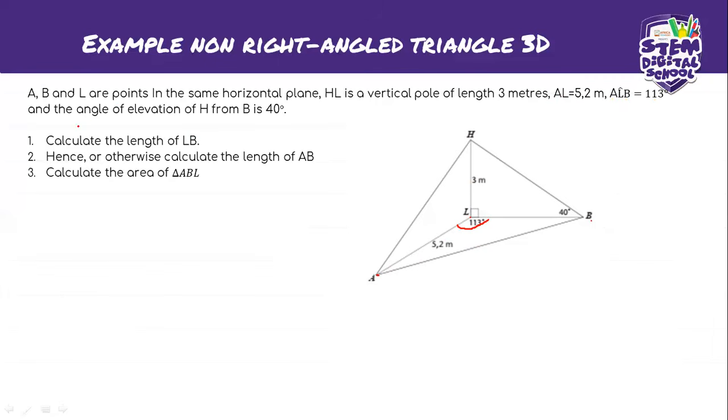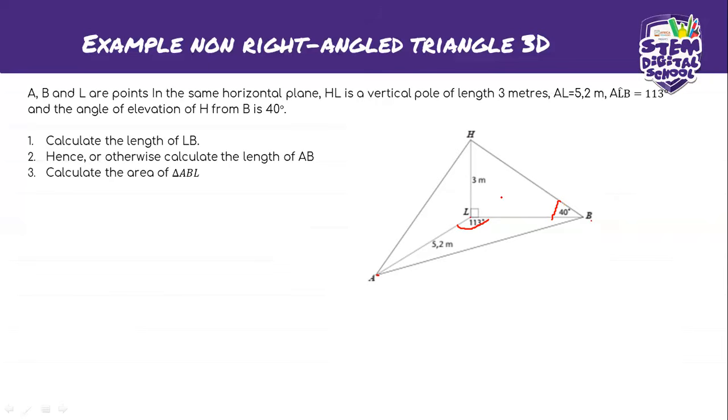The angle of elevation of H from B is 40 degrees, meaning they are referring to this angle here. That angle is 40 degrees. So the first question that you might get is to calculate the length of LB.